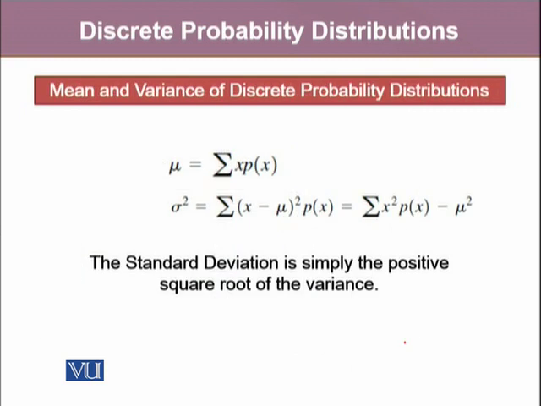Every probability distribution will have a certain value of the mean and variance, which is given by these two formulae, whereas the standard deviation is simply the positive square root of the variance. The probability function of a discrete random variable is called the probability mass function.